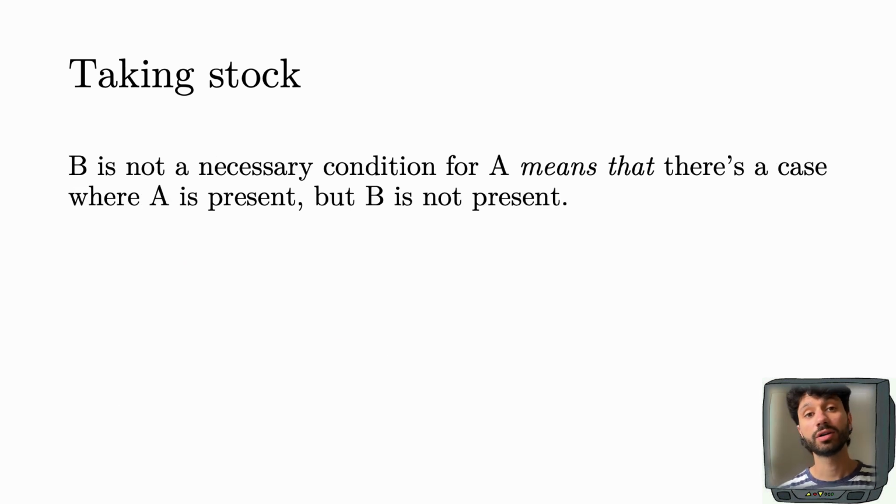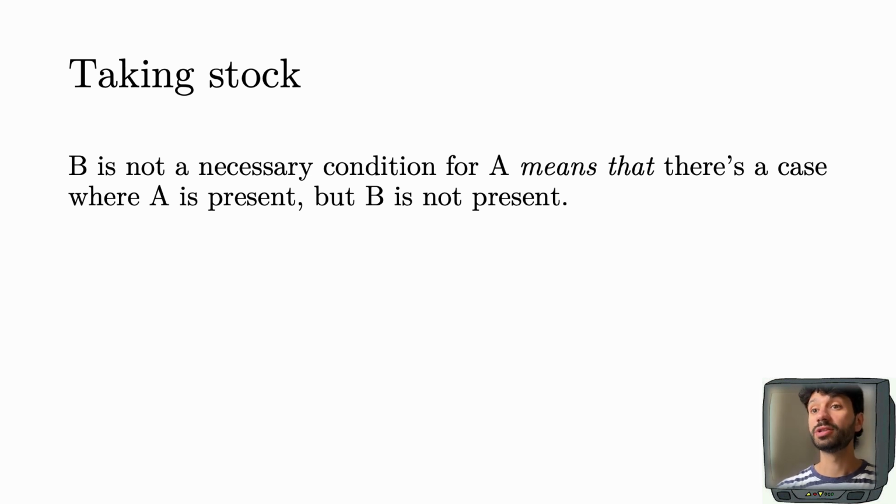Okay, so we got an intuitive and diagrammatic feel for what it means for a property to be a sufficient condition of another property. Now let's look at necessary conditions. It helps to think about what it means for something not to be a necessary condition for another property.